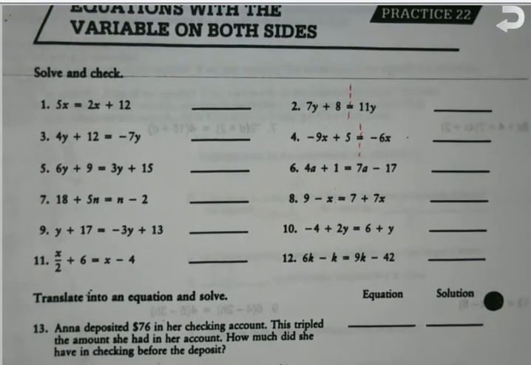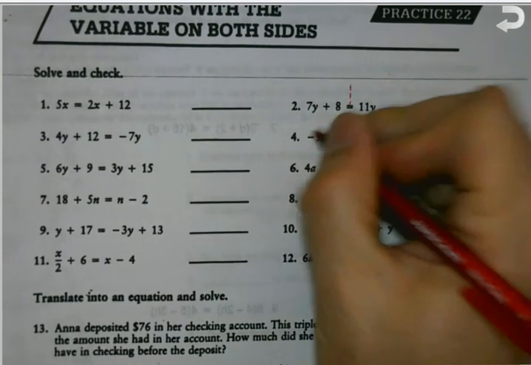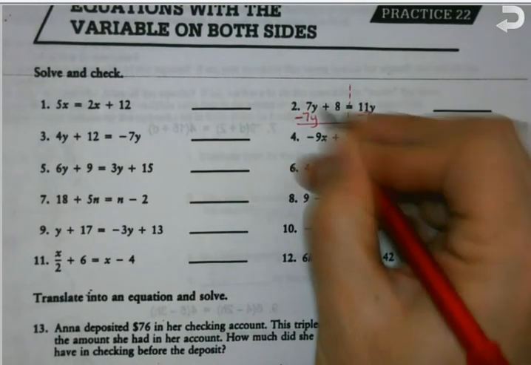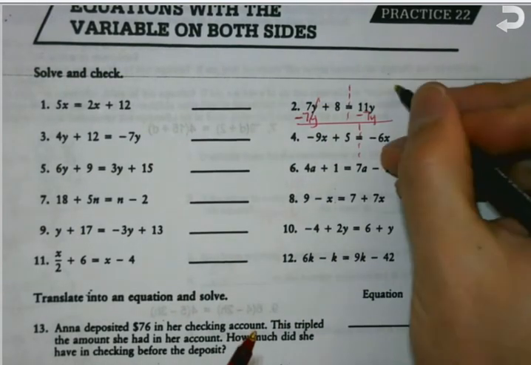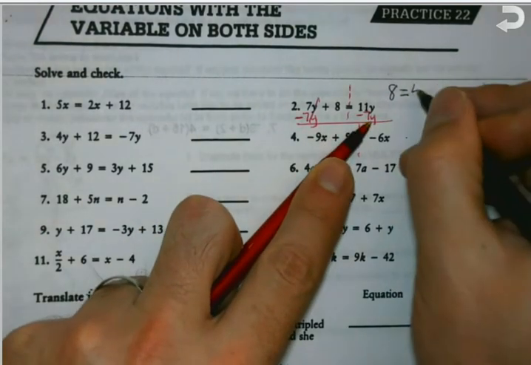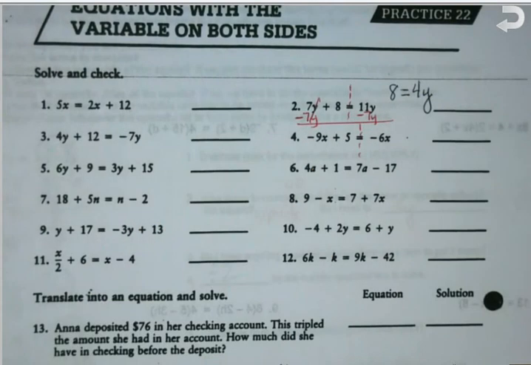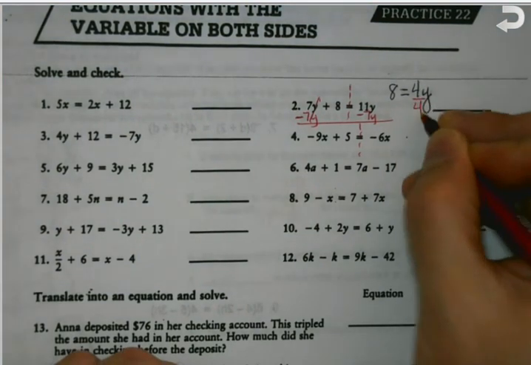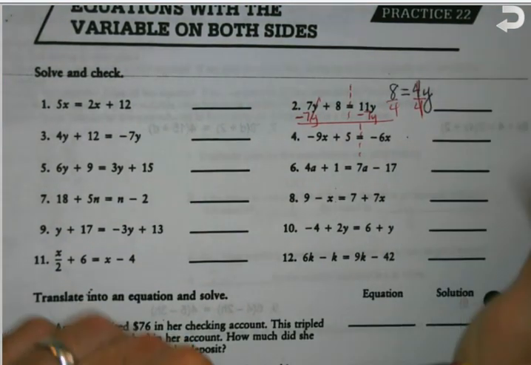Anybody have a preference on which direction we go with the y's on number 2? Okay. So if I minus 7, so I've got 8 equals 11 minus 7 4y. And then it's just divide by the 4, and it's going to be 2. I'm with you.